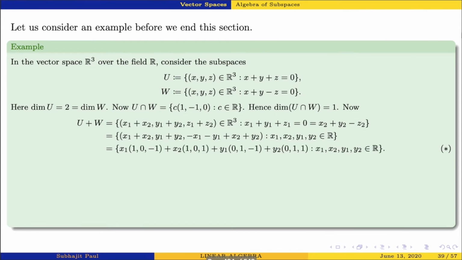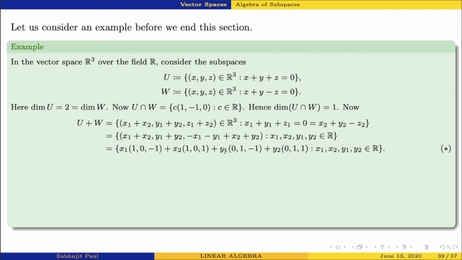Now this can be written as x1 into (1, 0, minus 1). See, x1 is there in the first coordinate, so there is 1 here, nothing in the second, so 0, and minus 1 in the third. Now x2 is there in the first coordinate, so 1, not in the second, so 0, and x2 is there in the third coordinate, so plus 1.